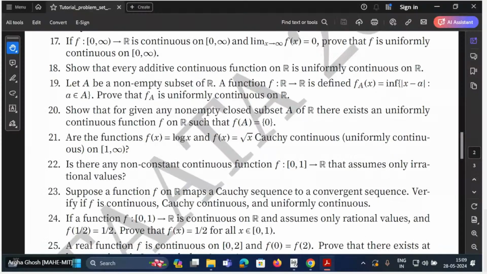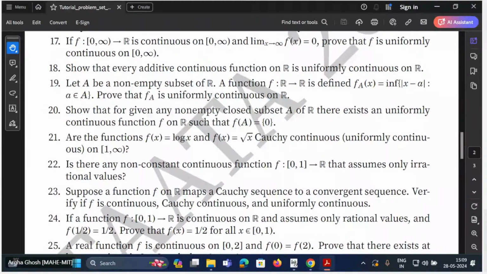Question number 19. Let A be a non-empty subset of R, and you have a function defined by f of x equals to infimum of mod of x minus a, where a belongs to A. So that means we are just calculating the distance of a point from the set A. If you look at the metric space, this is nothing but the distance of x from the set A. That's a distance function.